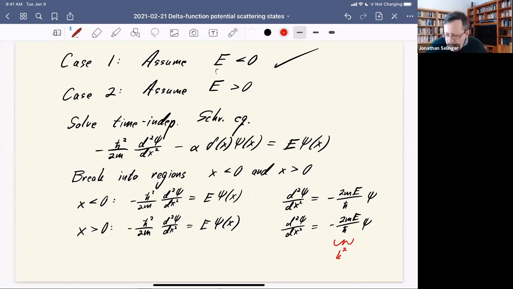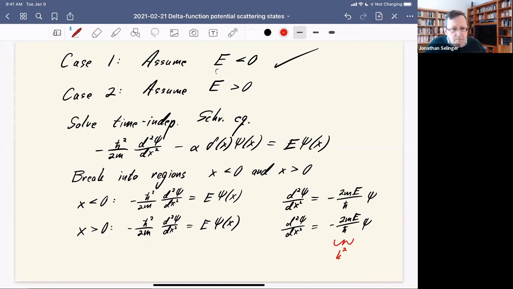And then we know what the solutions are, because if the second derivative is a negative number times psi, then the solutions have to be sines or cosines, or complex exponentials, plus ikx and minus ikx.